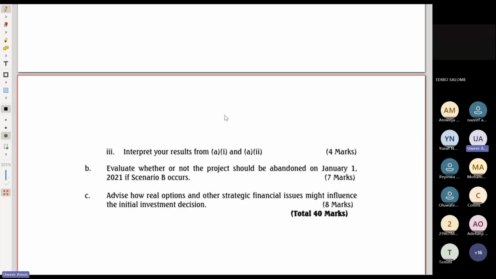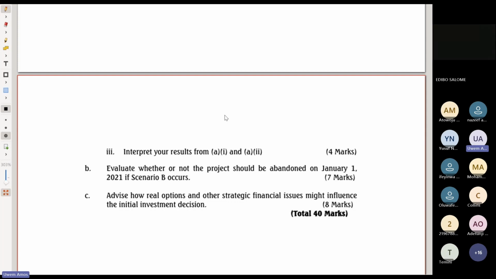B, evaluate whether or not the project should be abandoned on January 1st, 2021 if scenario B occurs. And C, advise how real options and other strategic financial issues might influence the initial investment decision.